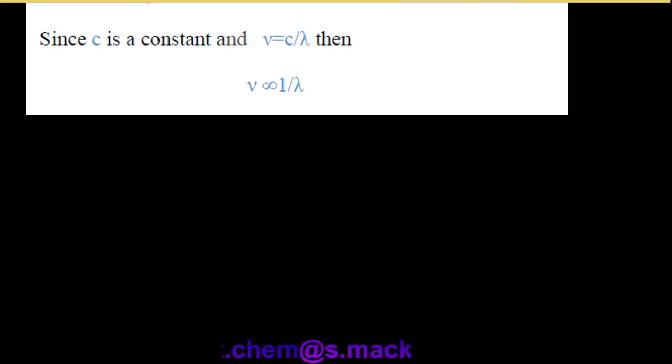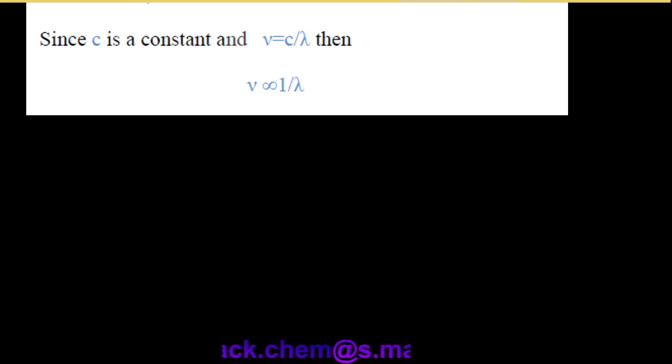If we take this equation and we rearrange it such that frequency is equal to speed of light over wavelength, what we see here is a relationship between frequency and wavelength, such that frequency is inversely proportional to wavelength.